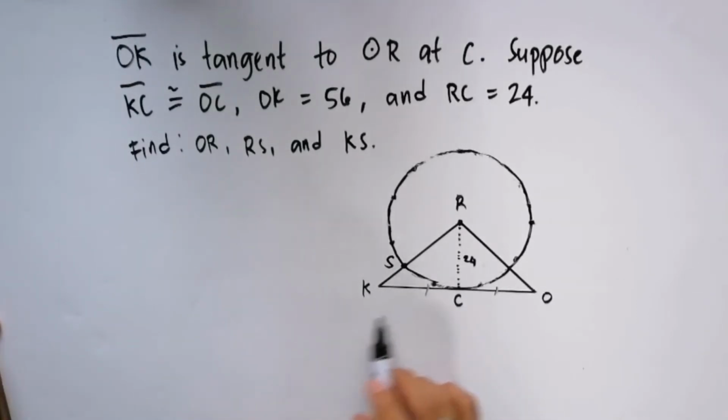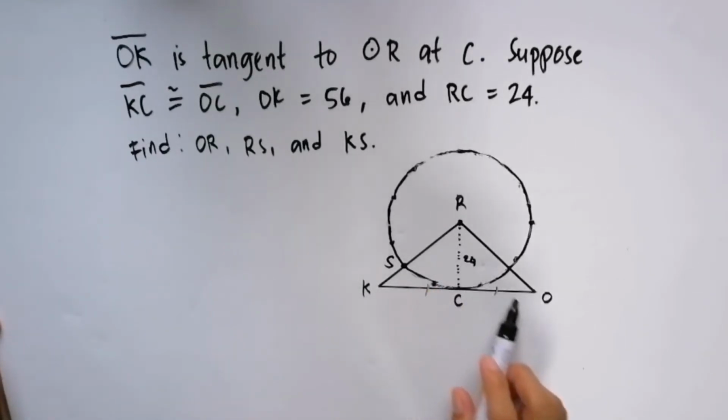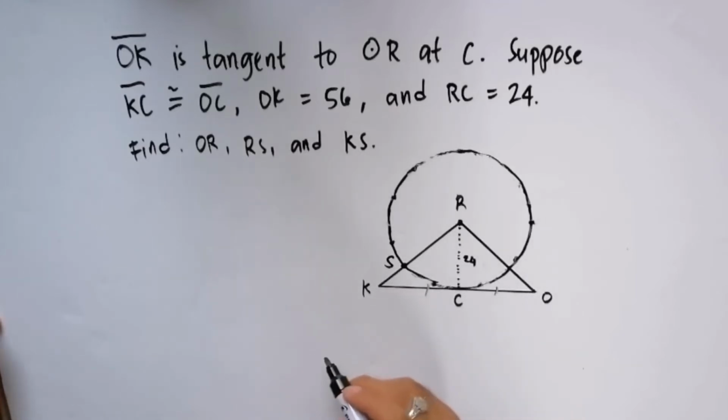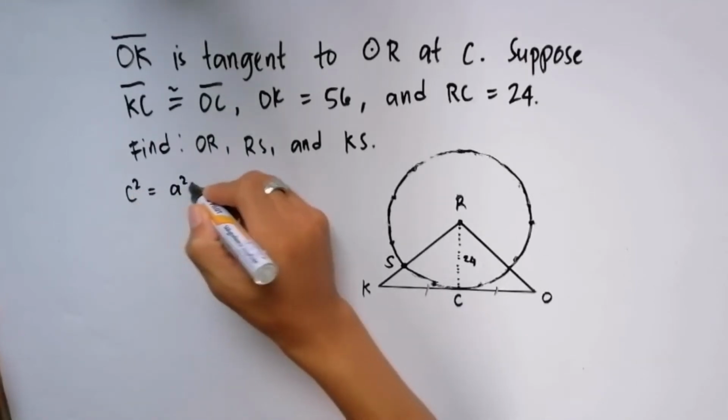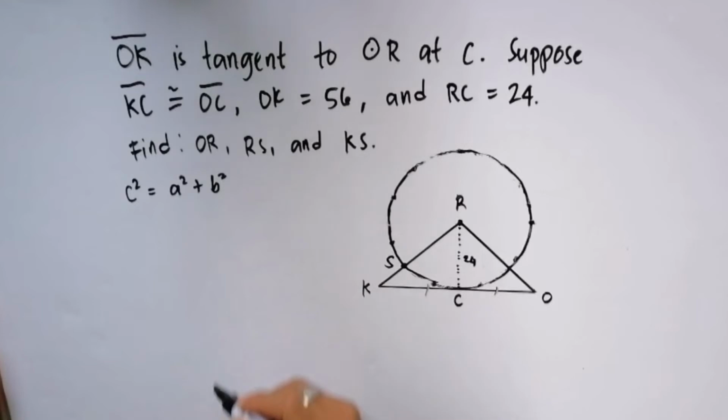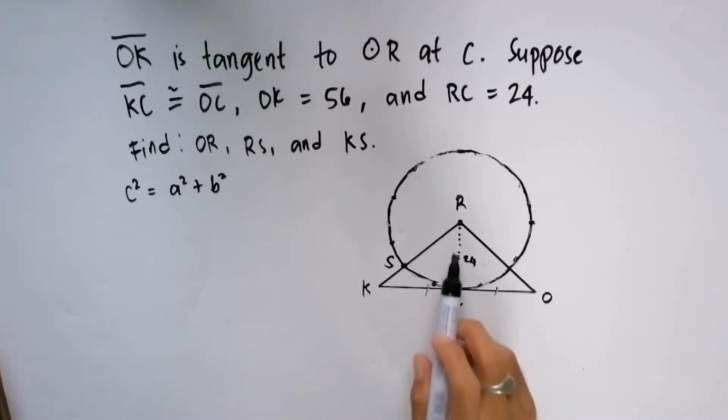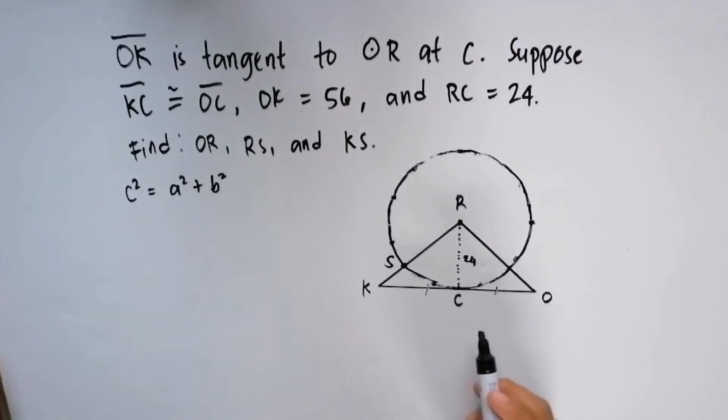So in order to find the measure of line segment RO, we can apply the Pythagorean theorem, C squared is equal to A squared plus B squared. C is our hypotenuse, the RO or OR.